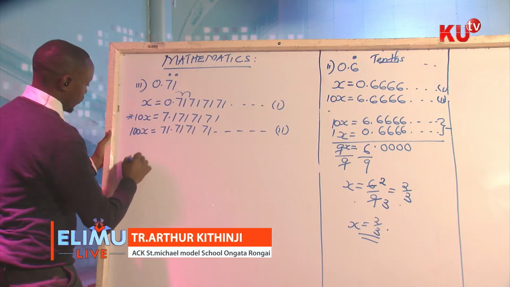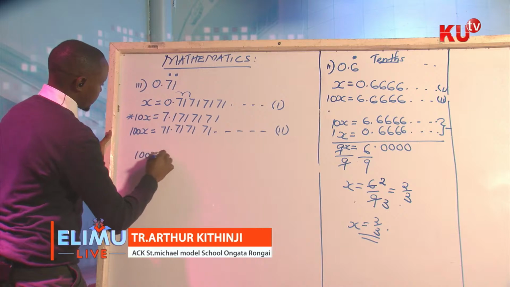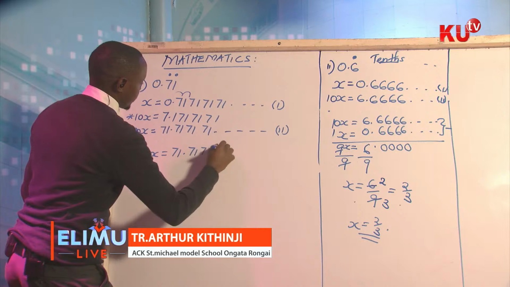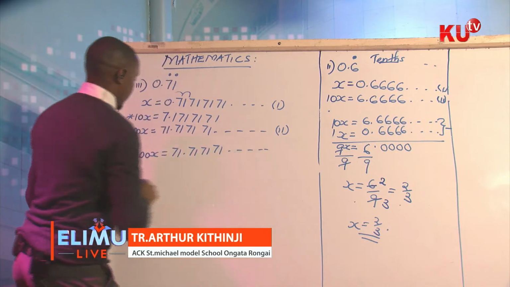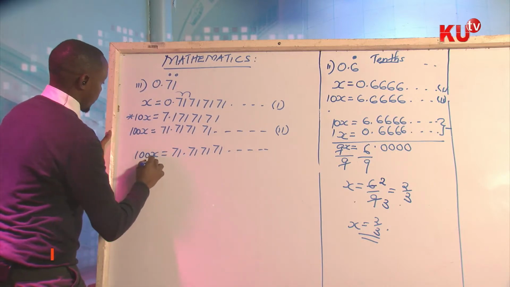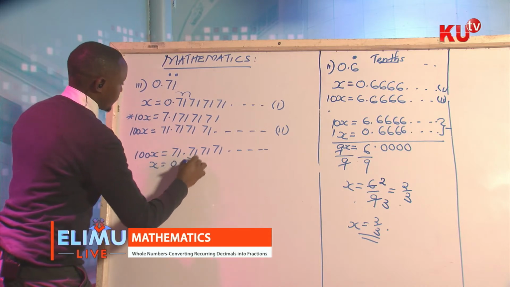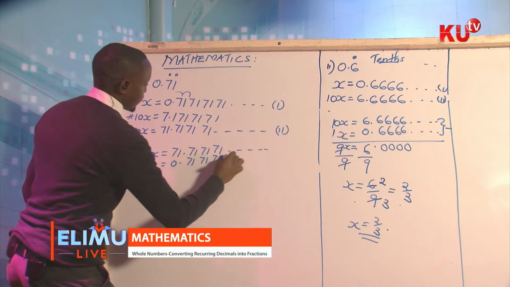Therefore, let's pick our equation 2, which is 100x equals 71.717171. And then we get our equation 1, or the original equation, which is x equals 0.717171.